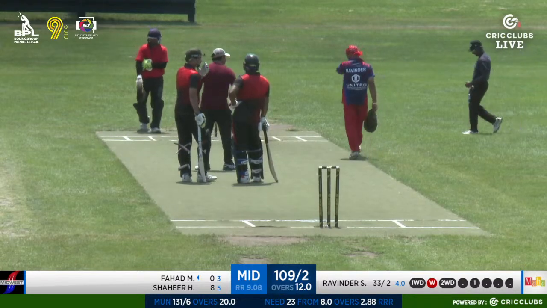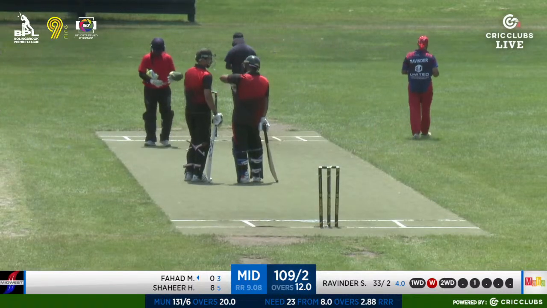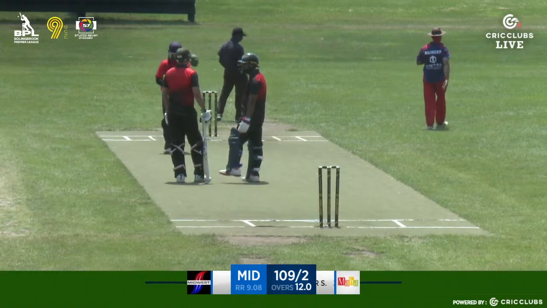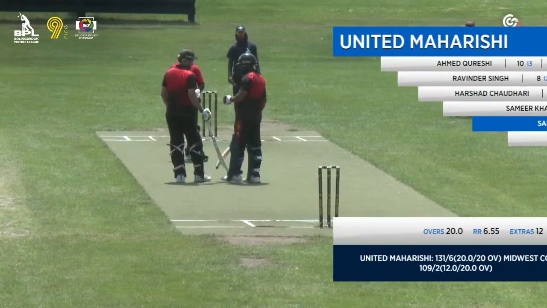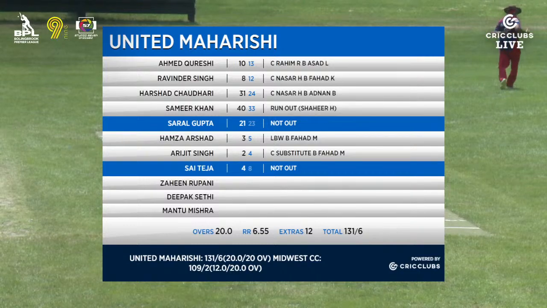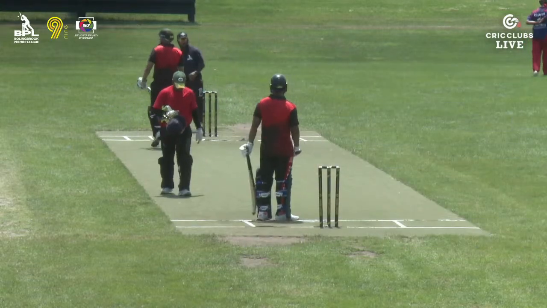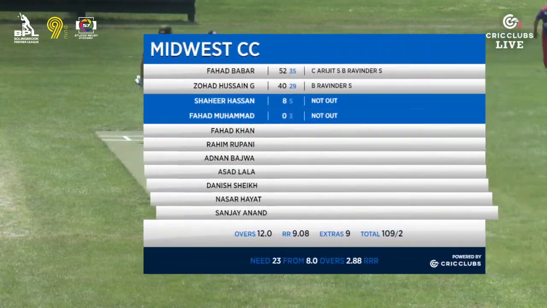But as you can see, after 12 overs, Midwest Cricket Club have moved on to 109 for 2 wickets down. There's the batting scorecard. Oh, I'm sorry. We are picking up the wrong graphic there. This is what we wanted to see. Not that either. There we go.